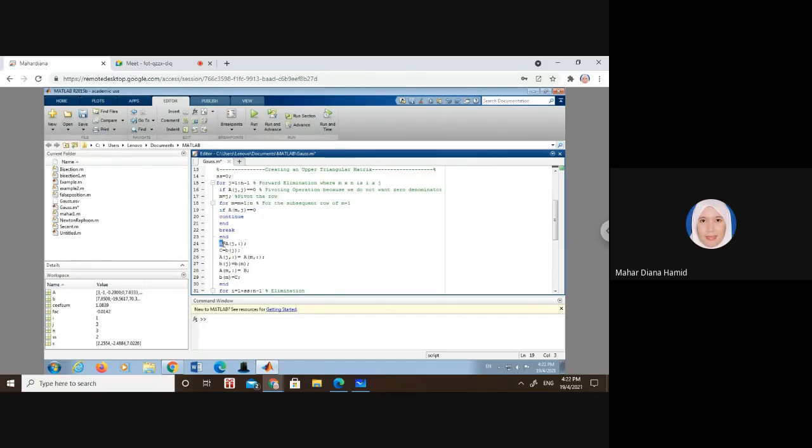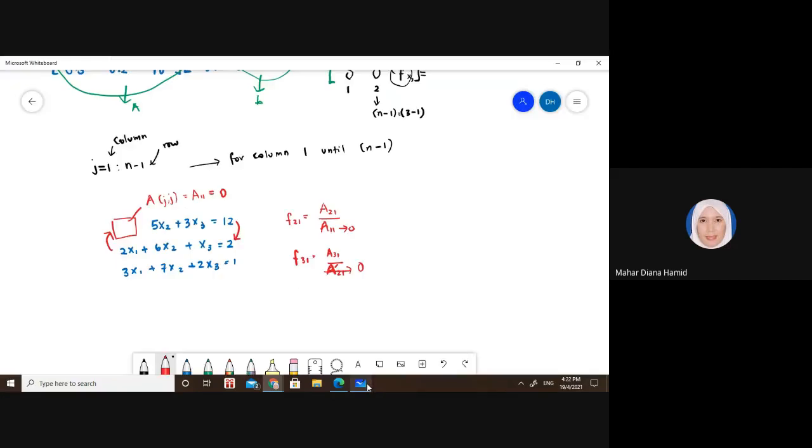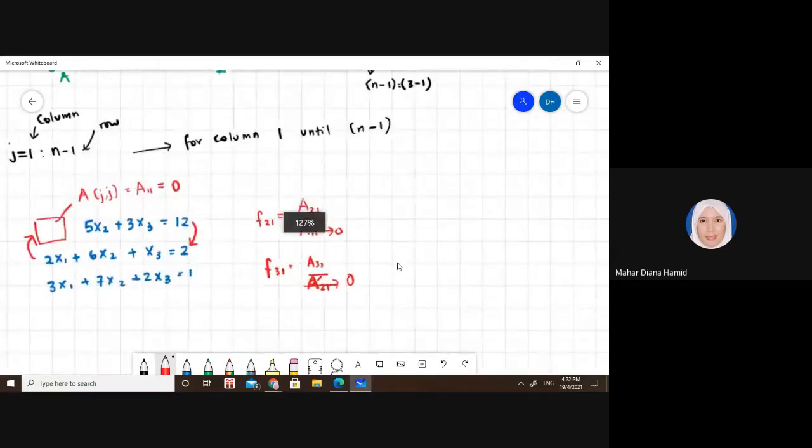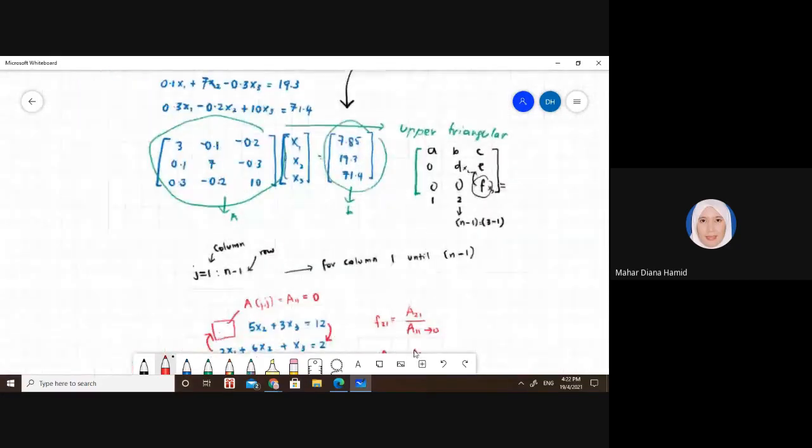So B here would be the element from column J until the end of that particular row. So C here is actually this, and we are going to denote this as B and C.